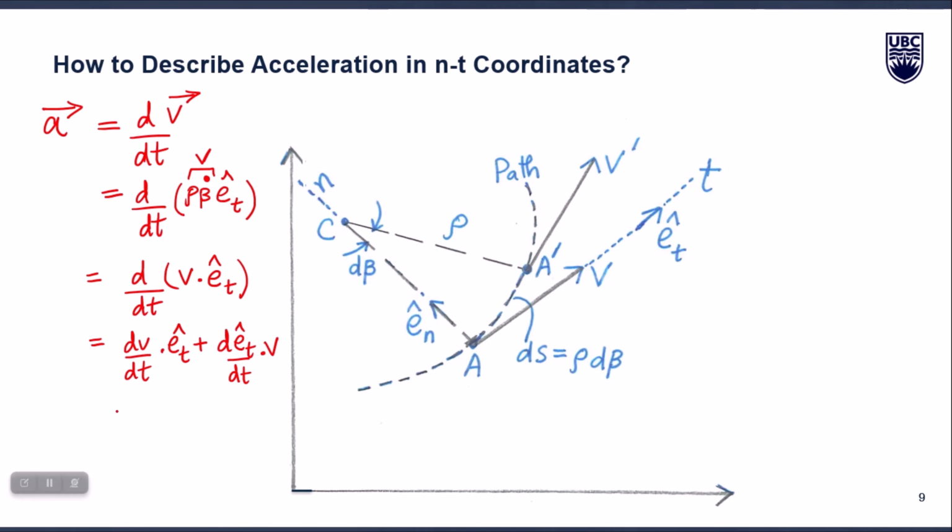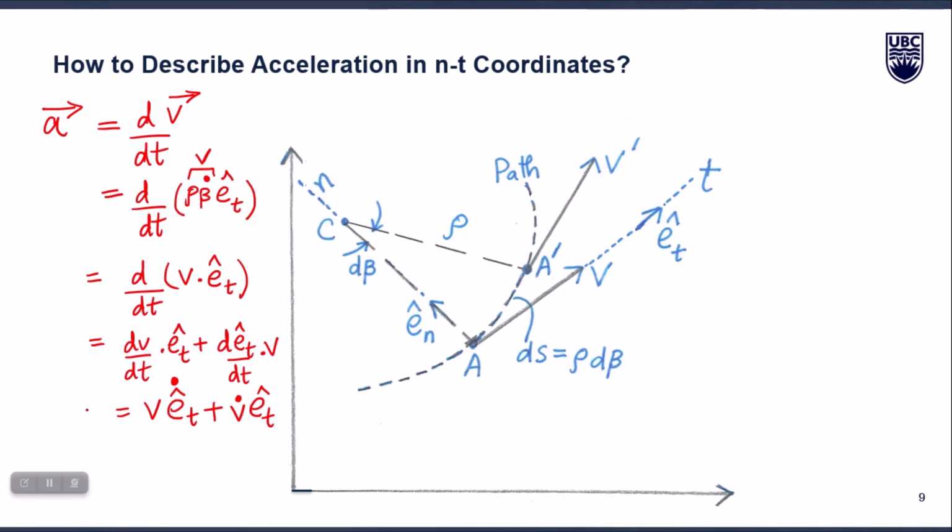In other words, I can write that term first: v times E sub t dot, where the dot on E sub t is the first derivative of E sub t with respect to time, plus this term, v dot times E sub t.